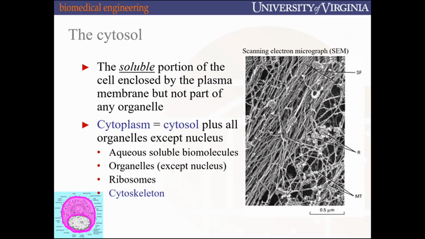The cytosol is an aqueous solution of proteins and other biomolecules, and it doesn't include organelles or any other suspended particles, such as ribosomes or another component that we haven't talked about yet, cytoskeletal filaments. The cytoplasm, on the other hand, is everything inside the cell except for the nucleus. So the cytoplasm includes the cytosol and the organelles and all of the insoluble particles like ribosomes and cytoskeletal filaments.